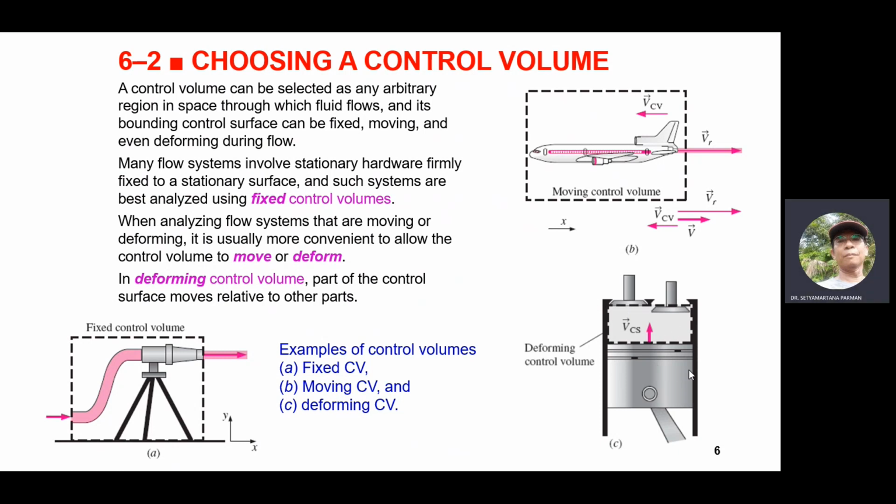And then while the piston is moving, the control volume will change, will deform. So for this system, we select the deforming control volume. Okay, so from this page, we can select the fixed control volume, the moving control volume, and the deforming control volume.